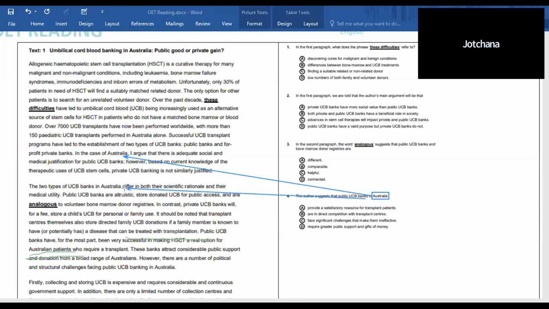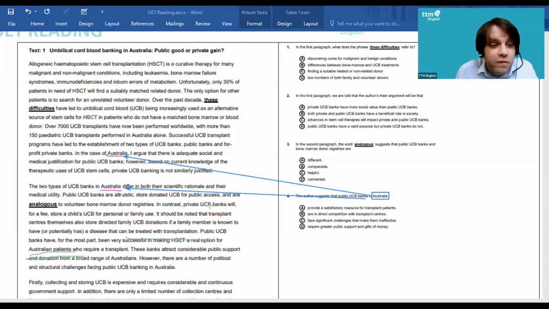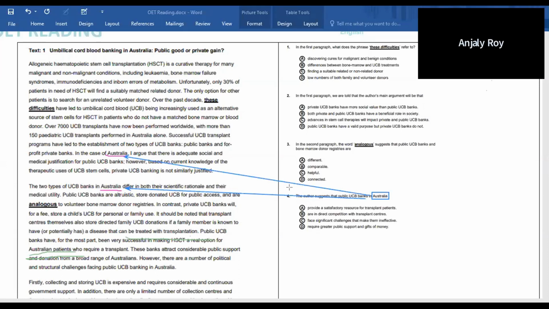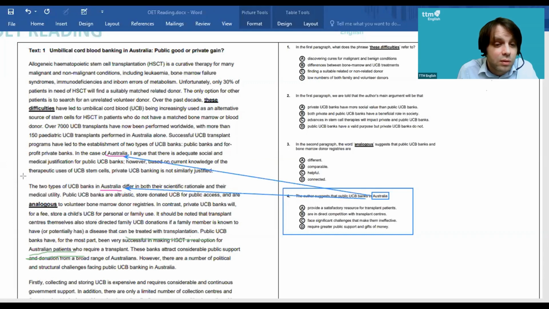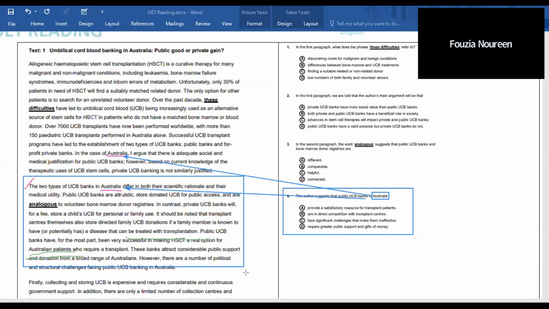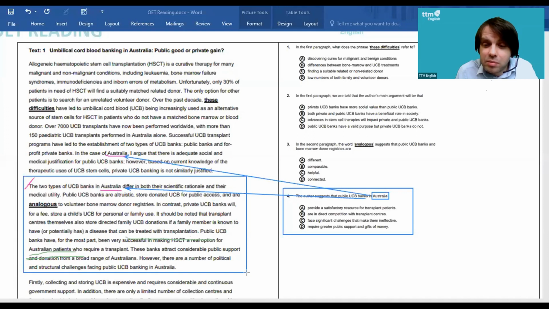Australia patients, and performed in Australia alone. Now, considering we're on question 4, where do you think we should read first? Paragraph 1 or paragraph 2? The two sides of the bank in Australia. Paragraph 2. I think it's reasonable to say.